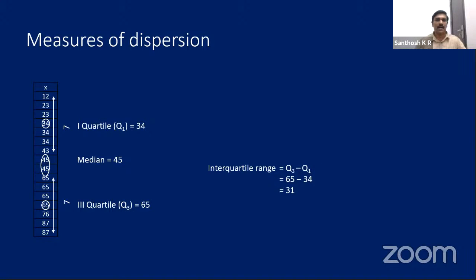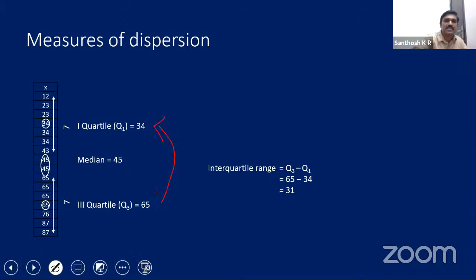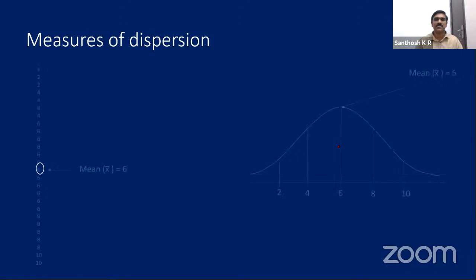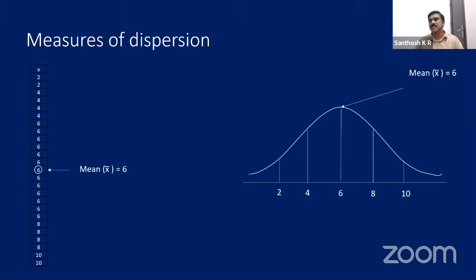I can find out the difference between Q3 and Q1, and I can find out what? Interquartile range, and based on interquartile range, I can find out the quartile deviation. So quartile deviation is a way using which we can find out how much the data is spread below and above a particular average called median.